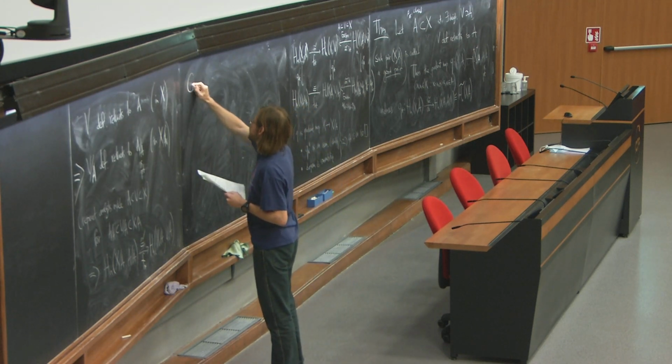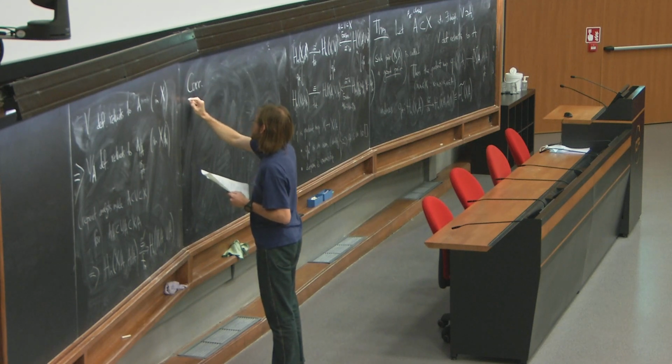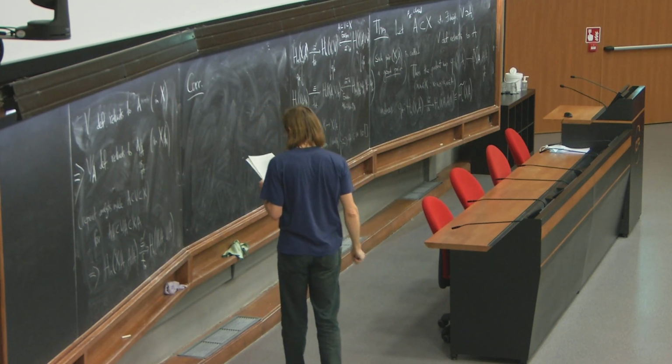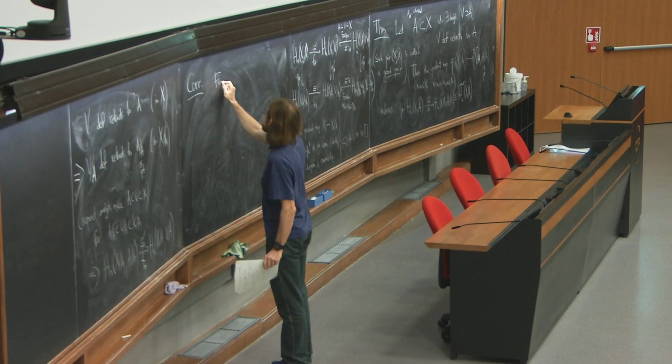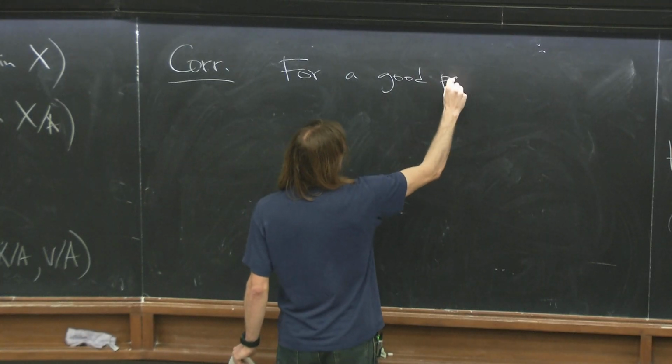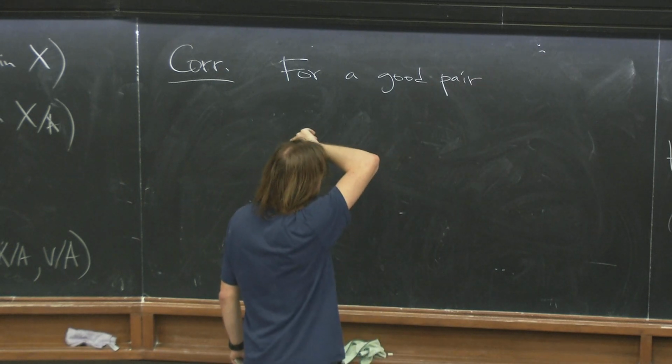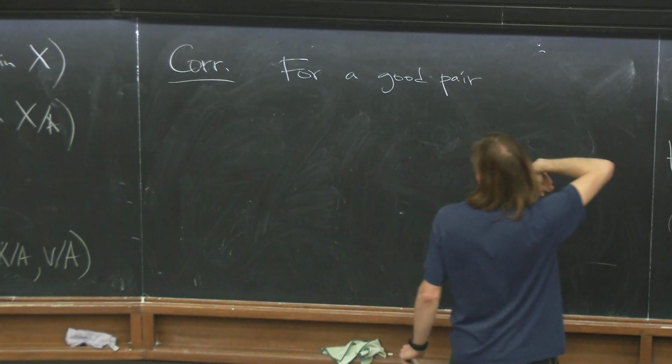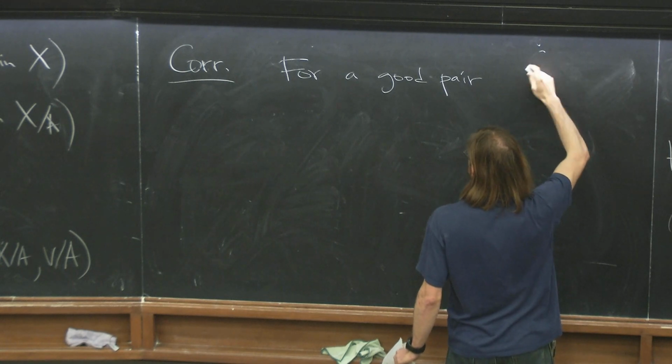Then immediately we have the following corollary. For a good pair, what is good we defined in the formulation of the previous theorem.